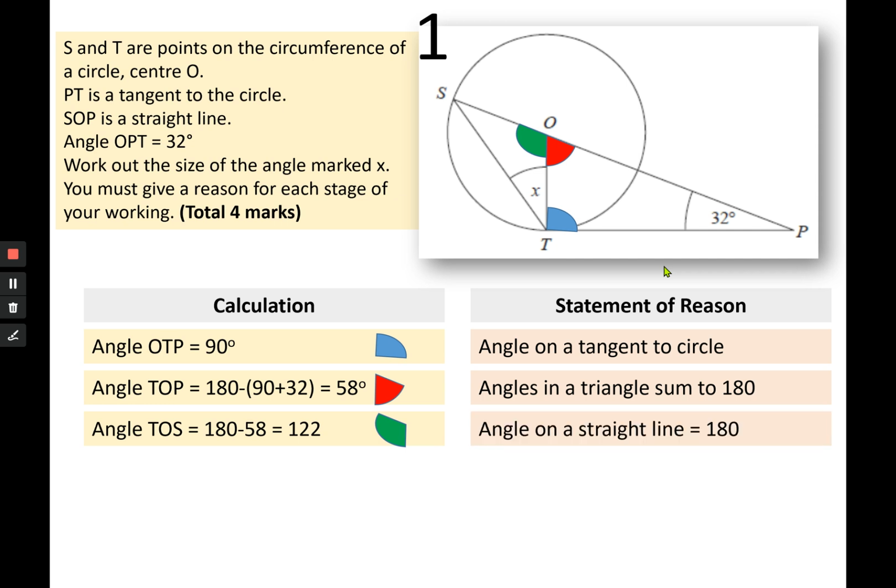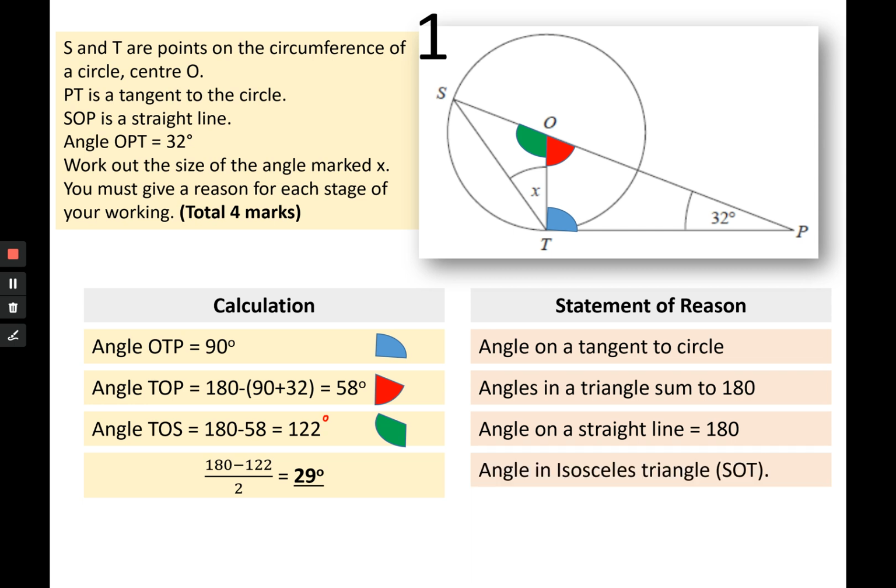That's 122 because angles in a straight line. So there's your straight line. And you're told that's 122 degrees. And then you can say, well, work out angle X. It's an isosceles triangle here. So angle SOT is isosceles.